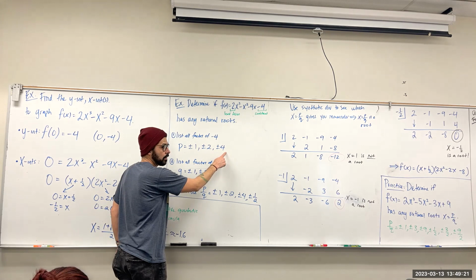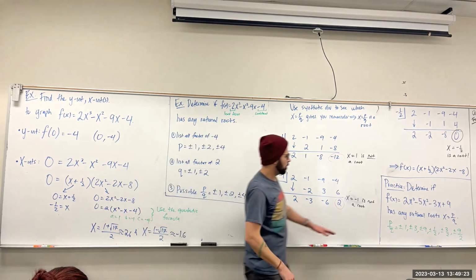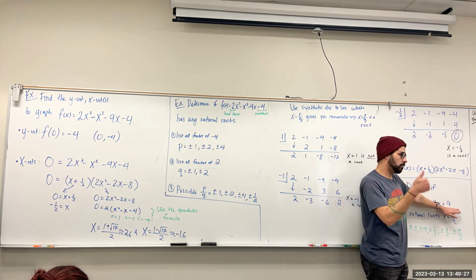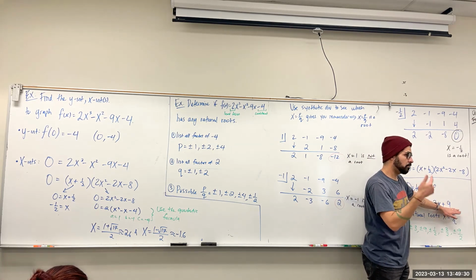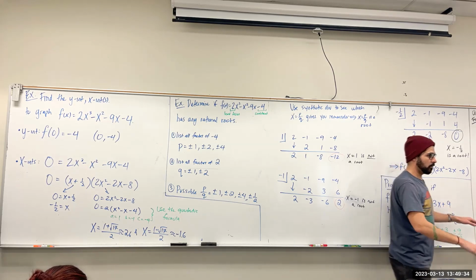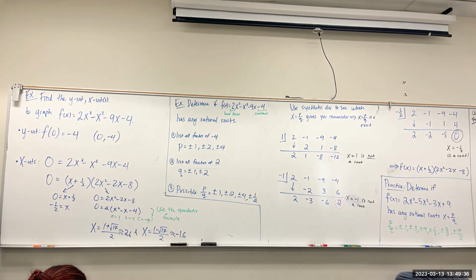For this one, you would just list all the factors of 9. So 1, plus or minus 1, plus or minus 3, plus or minus 9. That's it. We just did that one. These should not be there, because only these are the ones that can divide. It should only be these.